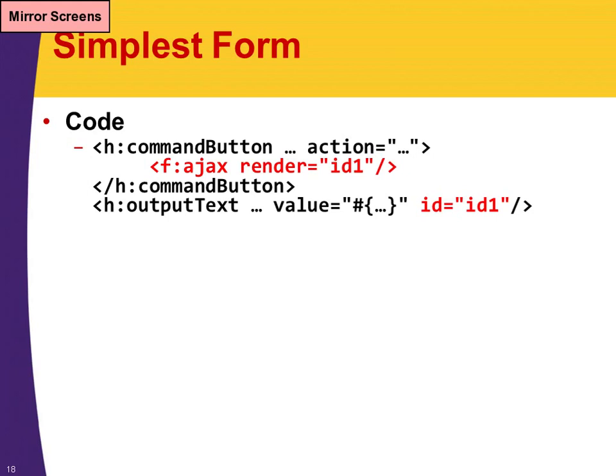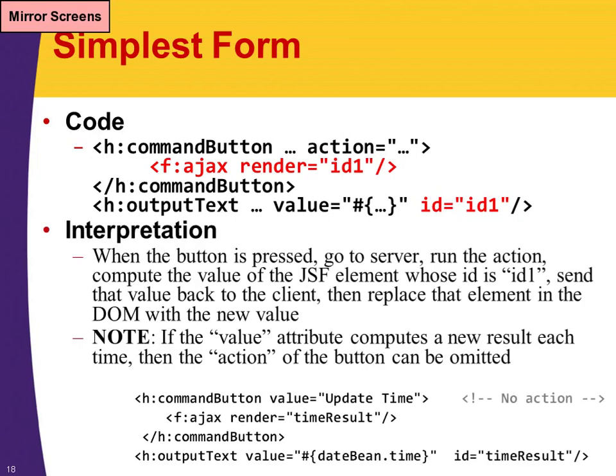That's the render attribute, and of course, as we'll see, the execute is what gets updated on the server, again without an entire page refresh. So here is the simplest form of that. You push the button, maybe some action happens over on the server, but what Ajax is going to do is intercept that and then render just that particular ID, which could be anywhere else in the form.